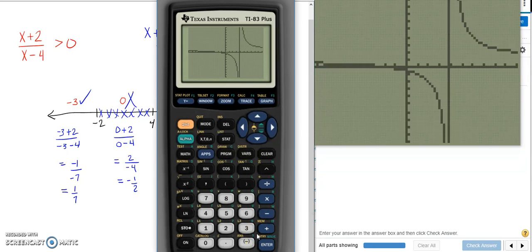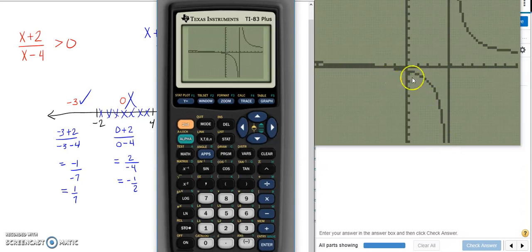So what I'm looking for when I'm looking at this is the sections that are greater than 0, meaning the sections that are positive, okay? So up here, this is above the x-axis right here. It's only a little bit above, but it is above. So this section is positive until I get to -2 when I hit 0 and I go negative for a while.